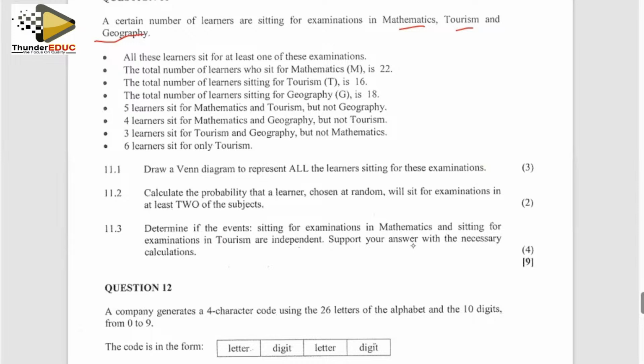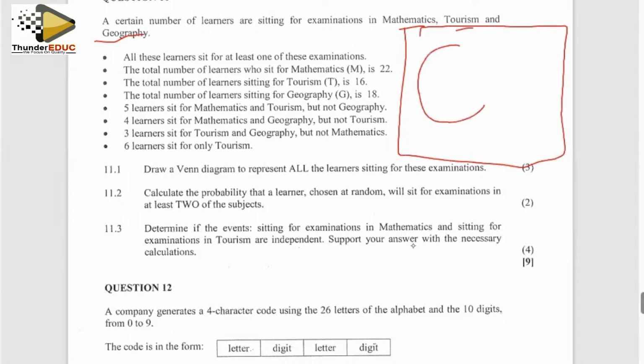Everyone is catered for. So let me just draw the Venn diagram as per the question. Let me call this maths, and then let's call this tourism, and then the mighty geography here.